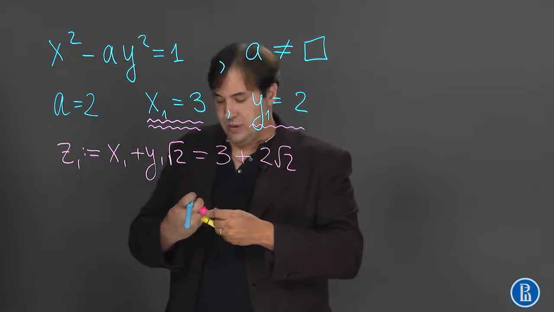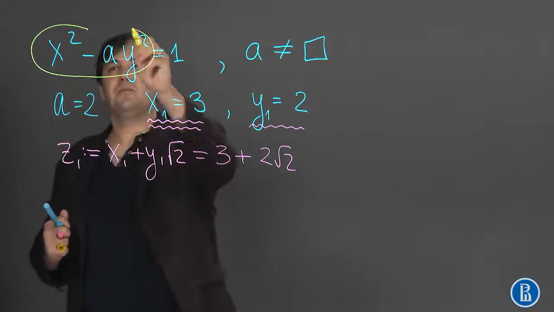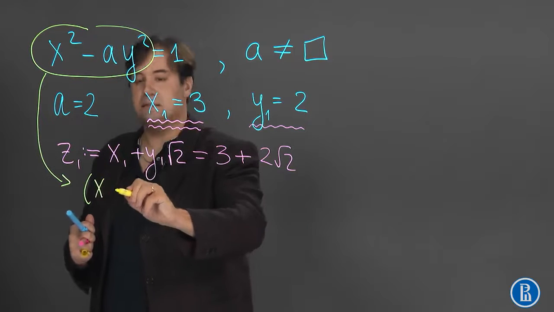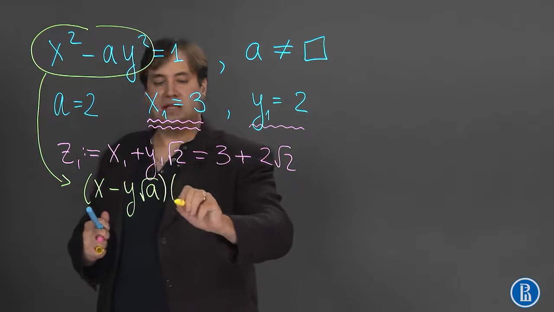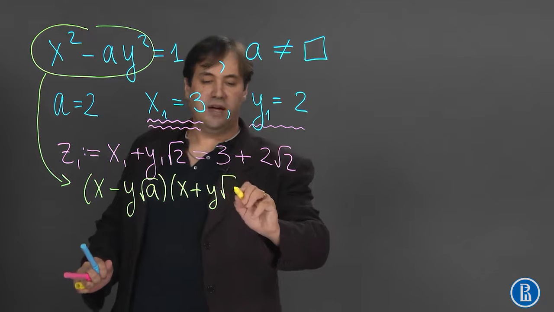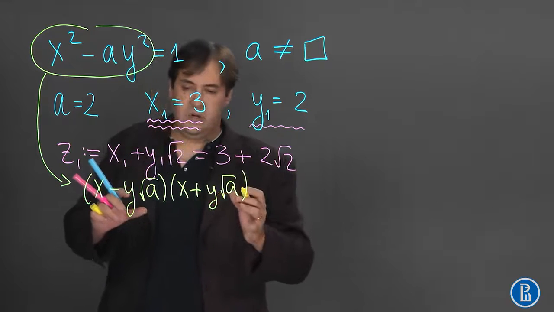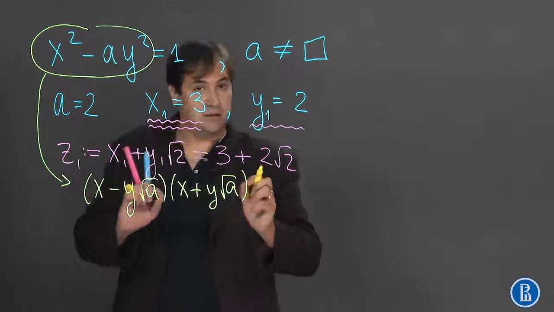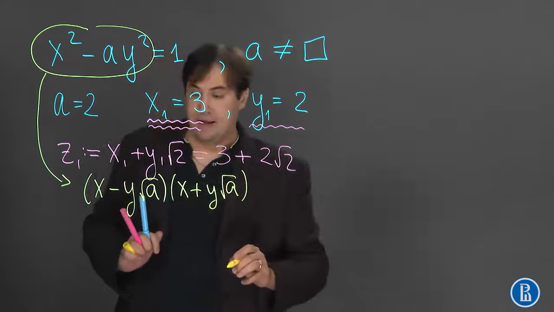We know that we can decompose the left-hand side of the Pell's equation into two factors, x minus y square root of a multiplied by x plus y square root of a. And we can refer to these factors as solutions of the Pell's equation, because these are quadratic irrationalities.